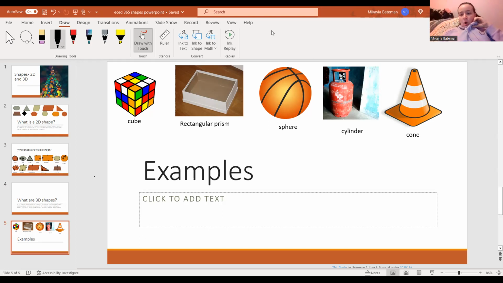Now, for our homework, we are going to have a worksheet that I have printed that will go over 2D shapes, and you'll write down underneath the corresponding shapes what the names are. Because there are some extras, just focus on the ones we just talked about in our lesson. And then for 3D shapes, I want you to take all five of those that we just went over.